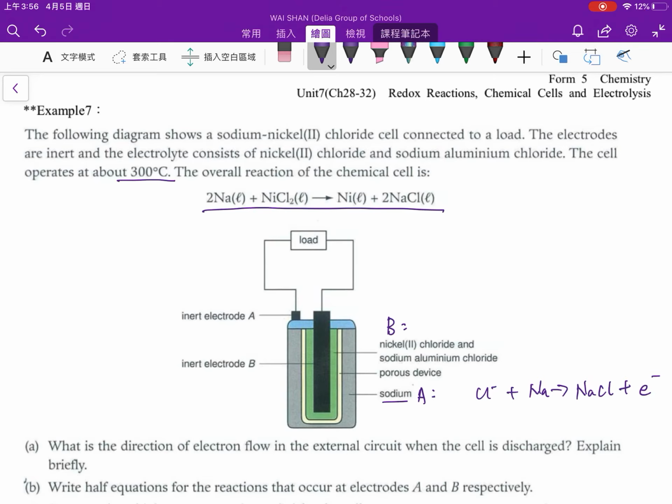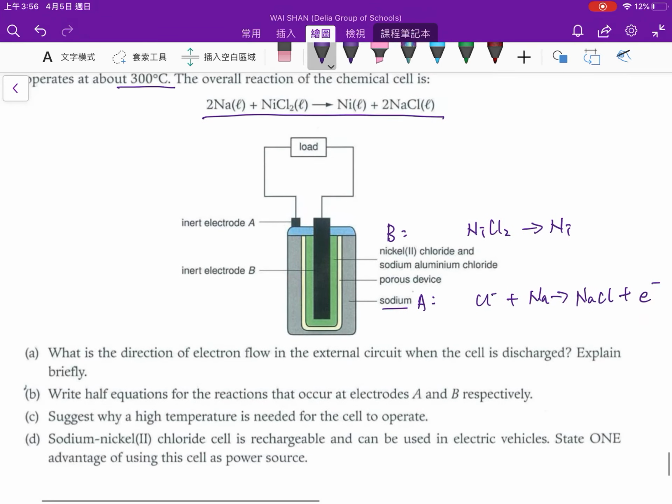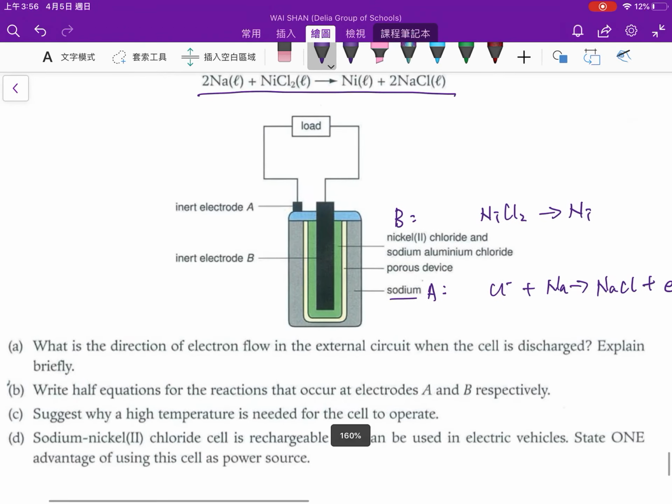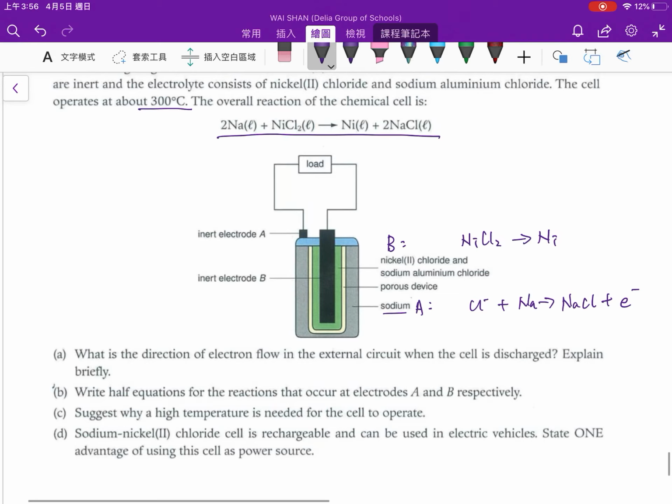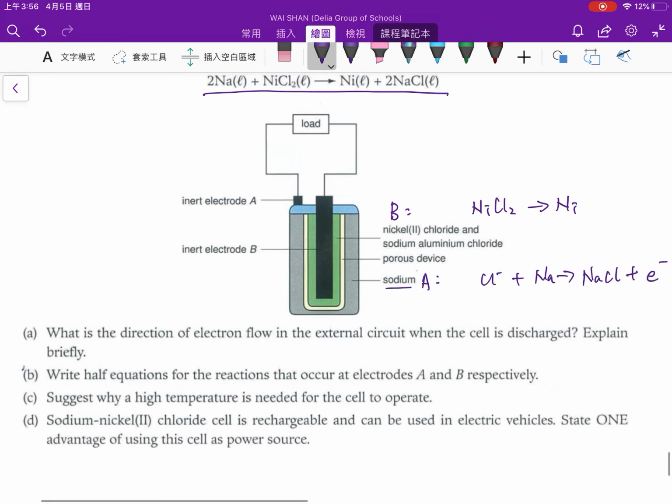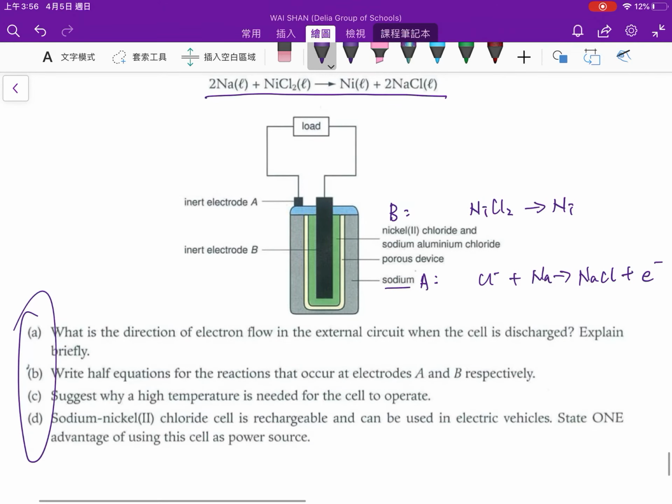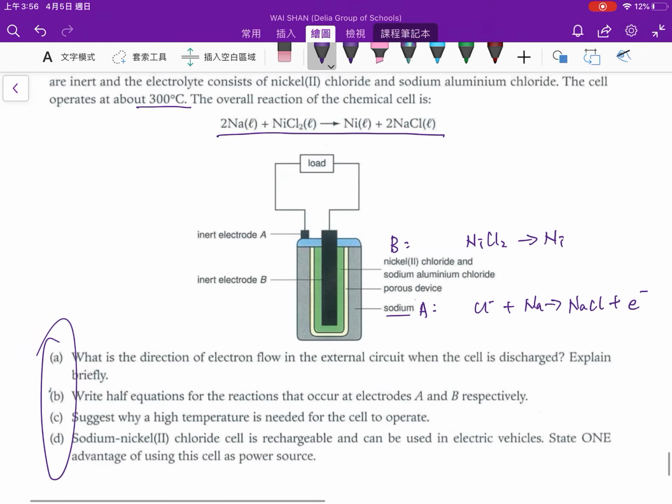And then for electrode B, it's nickel 2 plus, and then it will turn to nickel. So I think you can do it like electrode A that I have done, okay? When you know the two half reactions taking place at the two electrodes respectively, then I think you can answer all the questions from A to D, okay? Try to do it by yourself.